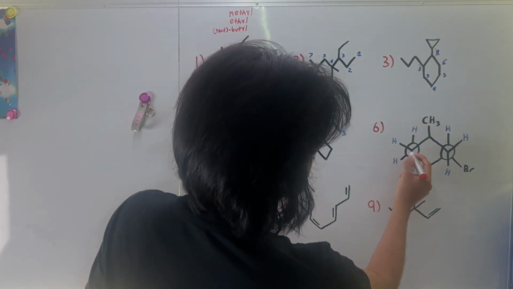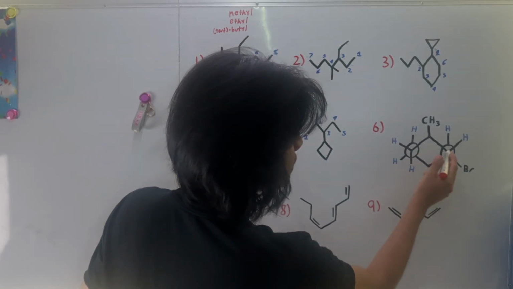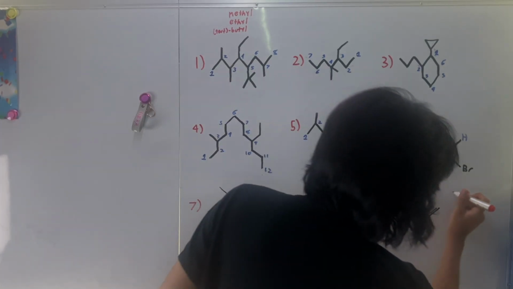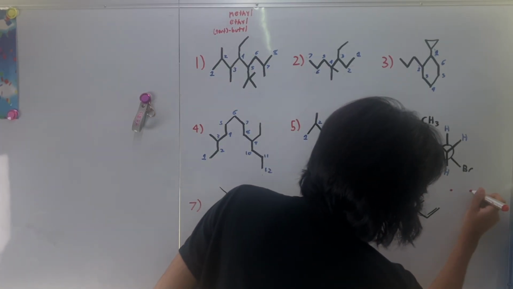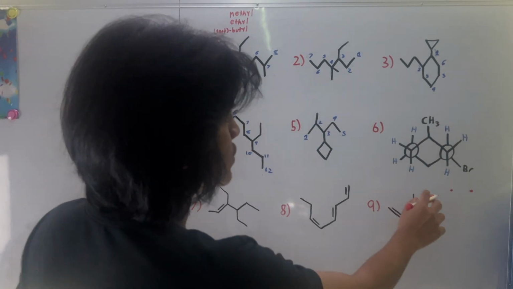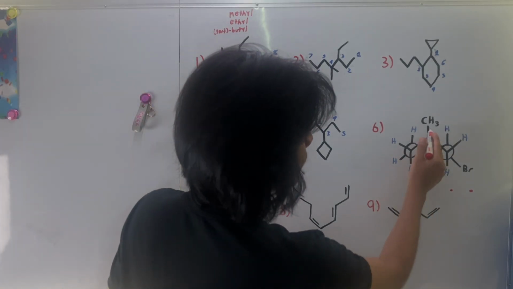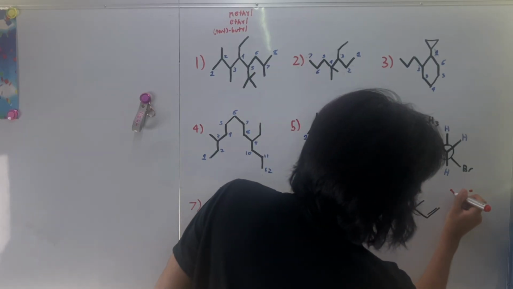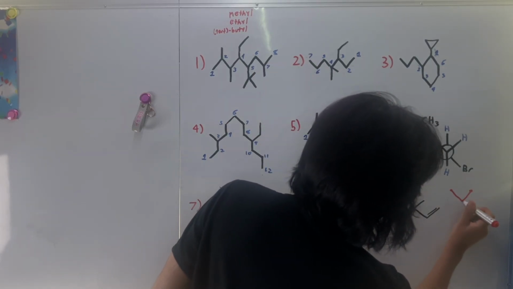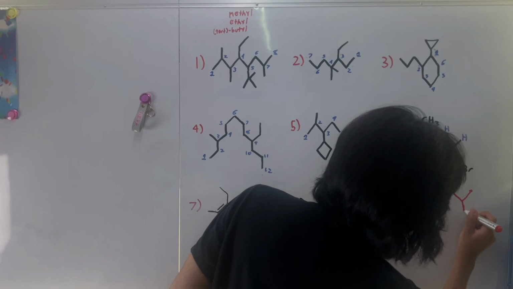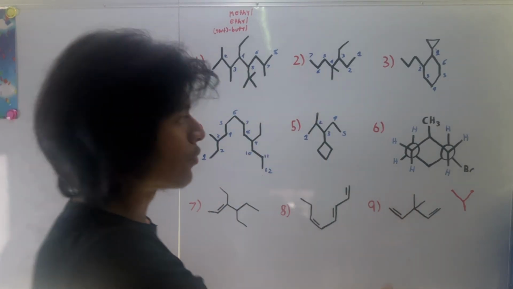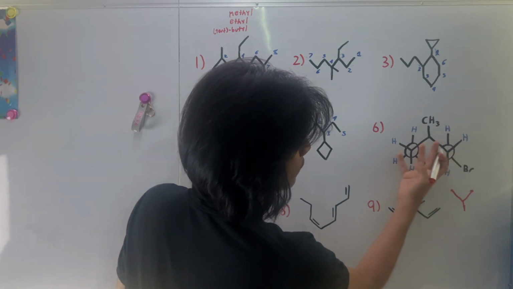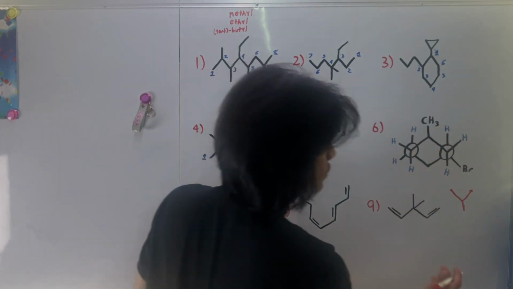Here we could see the 2 carbons in the front are connected to 2 hydrogens. I'm just gonna write down the 2 carbons right here. And we could see that they're both connected to a CH3, a methyl group. Then we have the 2 back carbons. You can't see them from here, but they're behind these 2 carbons right here.